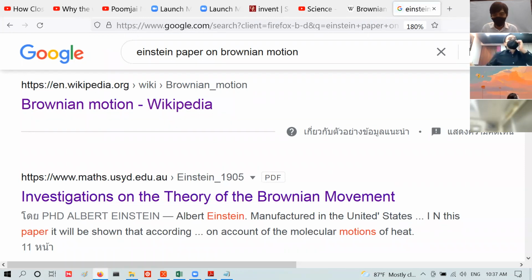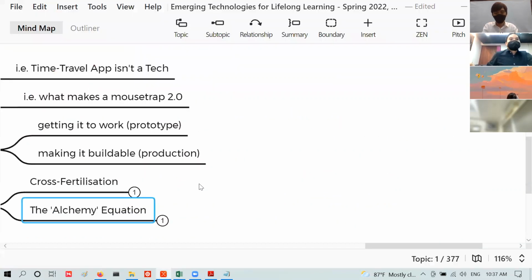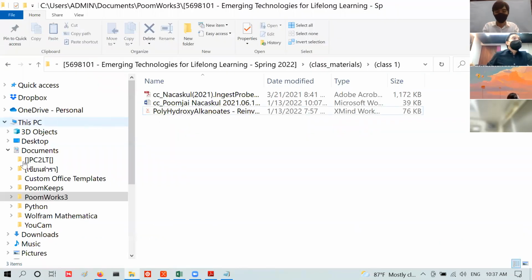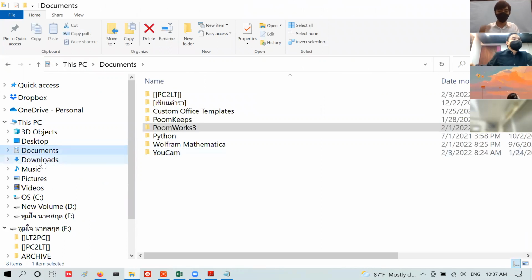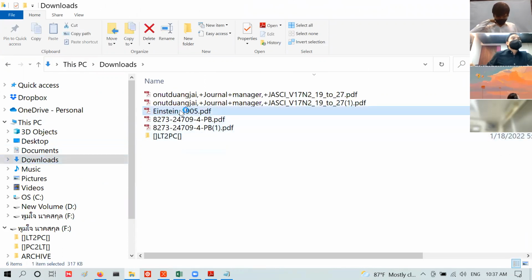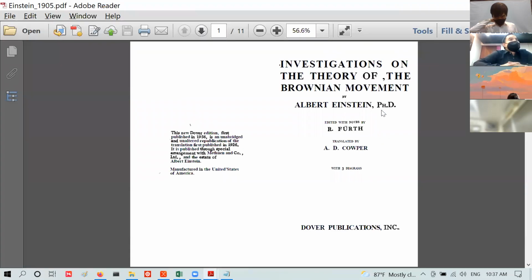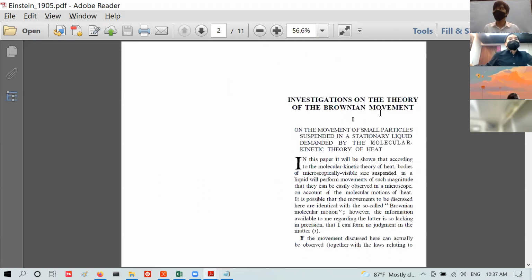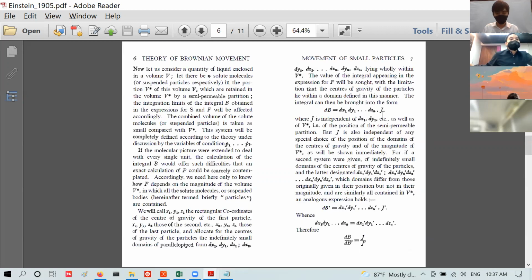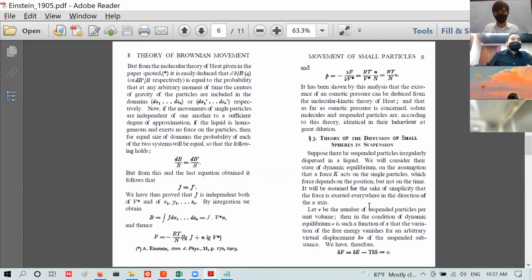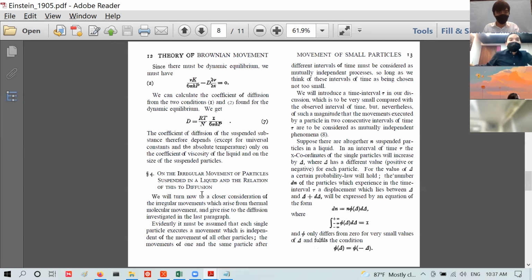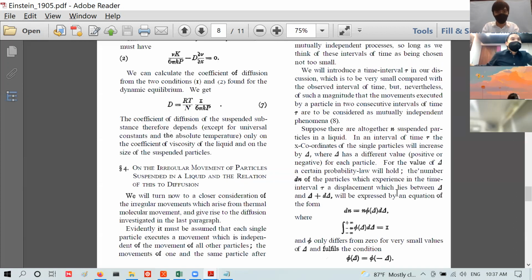There you go. Let's see what this paper looks like. This was published in 1905. It's known as the miracle year because some of his more famous work was also done in 1905. But it's this thing that I'm talking about. He did this. And I want to take you to this equation.